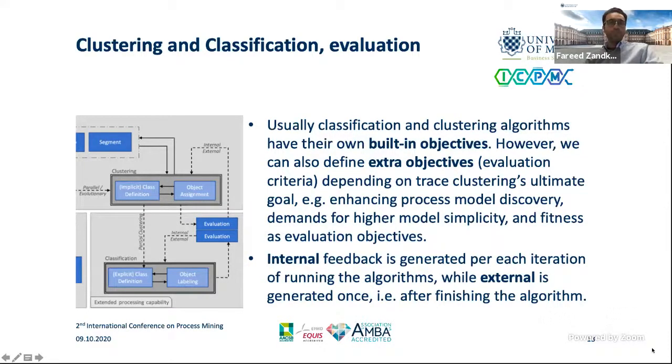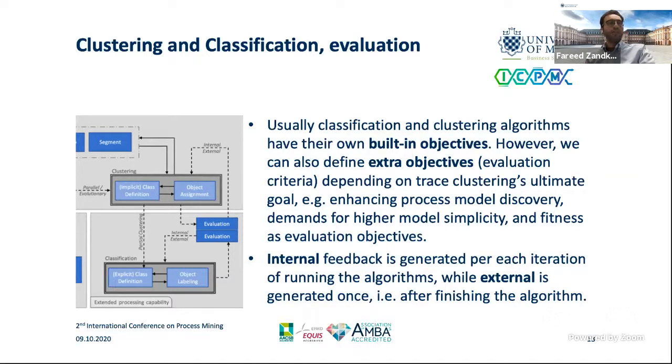Usually classification and clustering algorithms have their own built-in objectives, for example, the performance measures that are reported. But we can also define specific measures for trace clustering.